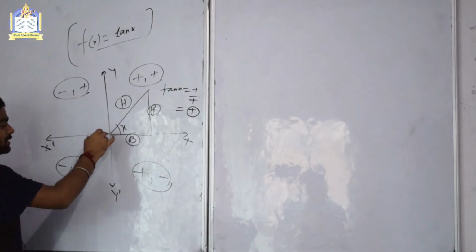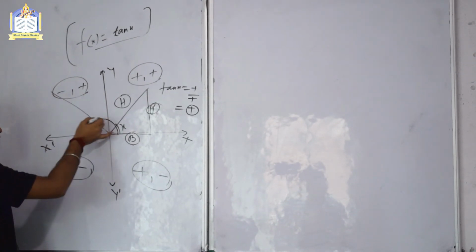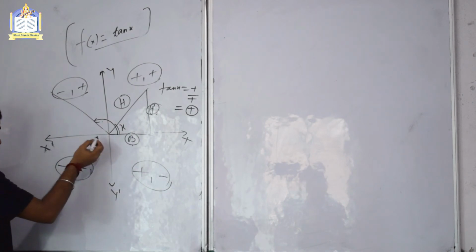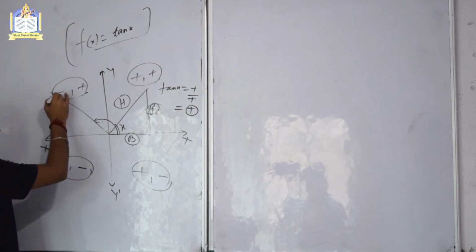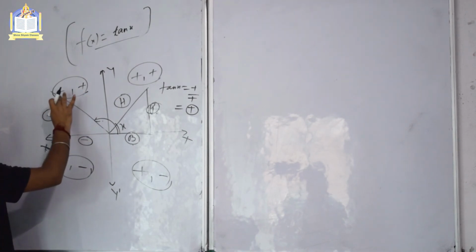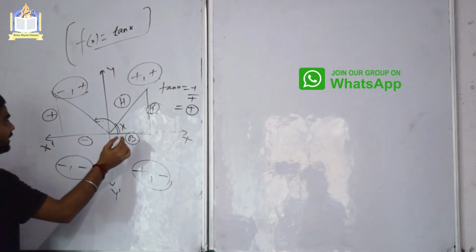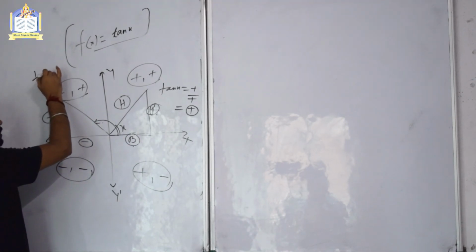Now the second quadrant, this is our second quadrant, and this is our angle. Here x is negative and y is positive. So in the second quadrant tan theta will be equal to p by b.